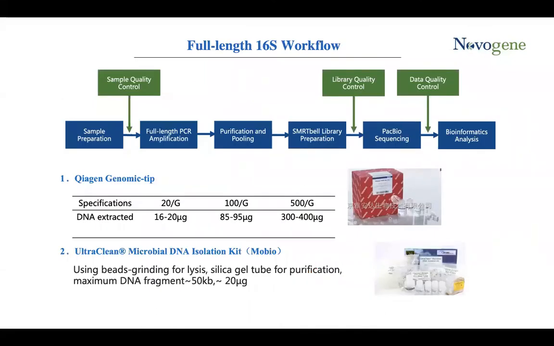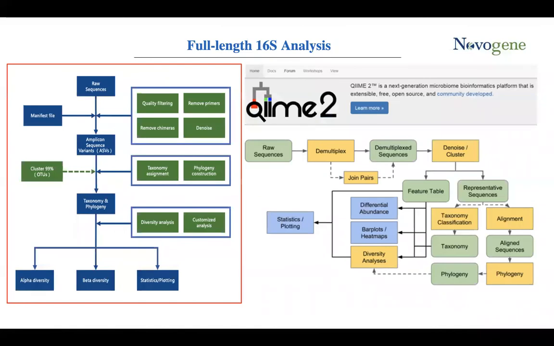On this slide, we show the workflow and extraction kits recommended for full-length 16S amplicon sequencing. The difference between full-length amplicon and NGS amplicon is that we do a full-length 16S rDNA amplification, and we prepare the SMRTbell library since we use a PacBio platform as the sequencer.